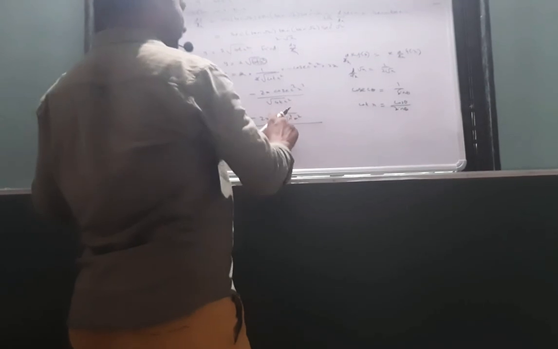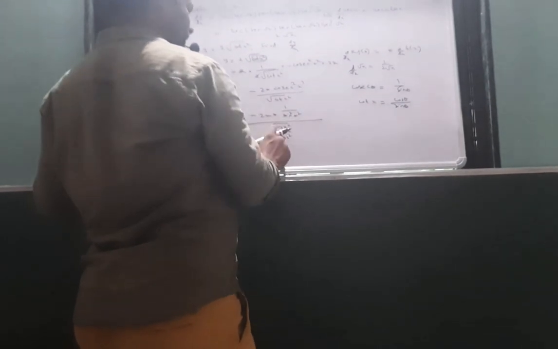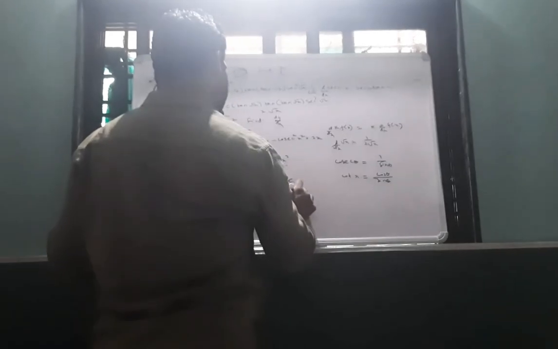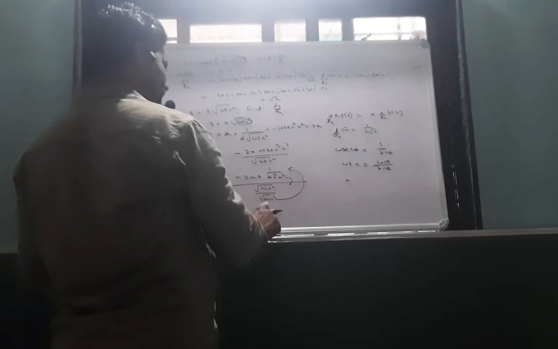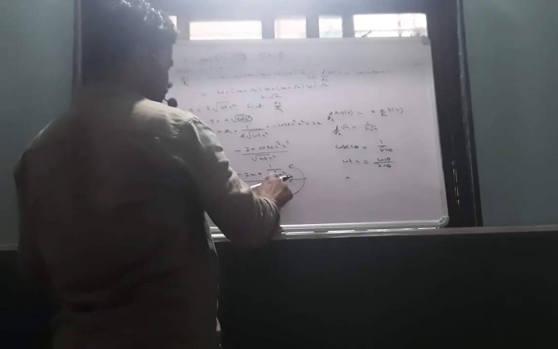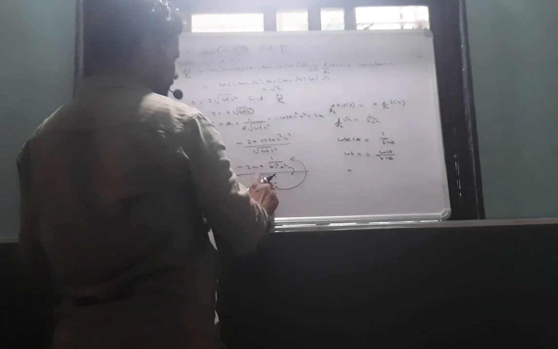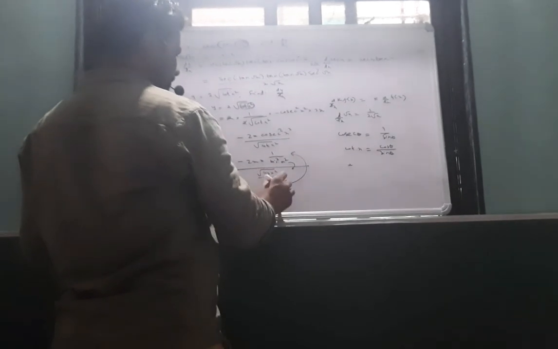So sin square x square will be the denominator and this will be the numerator. Here also sin x square is there. Here the power is 2, here the power is 1 by 2, if you remove the square root.